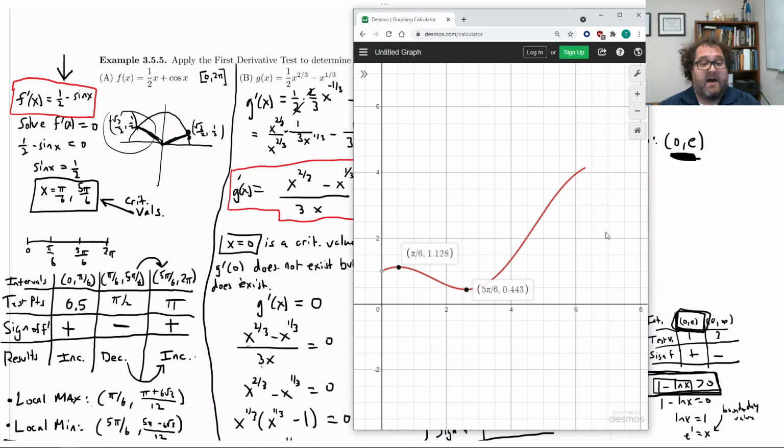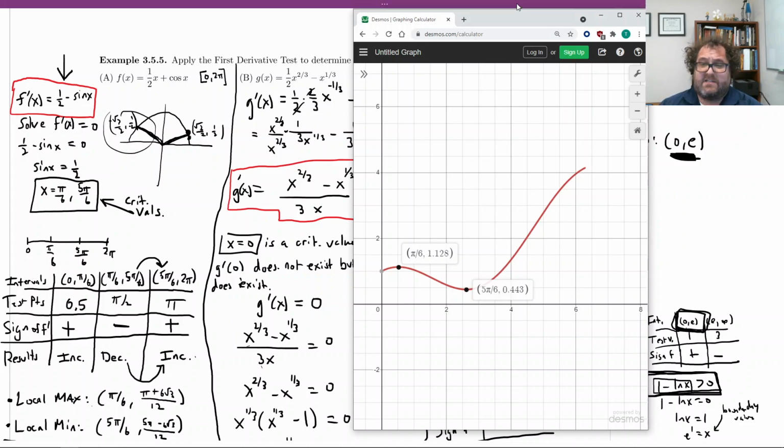Now, what about at 5 pi over 6, the y value of the local minimum? It was 5 pi minus 6 square roots of 3 divided by 12, which is about 0.443. Yeah, 0.4429 and change. When you are reporting these for a test, homework, or quiz, you always want to use the exact y value.